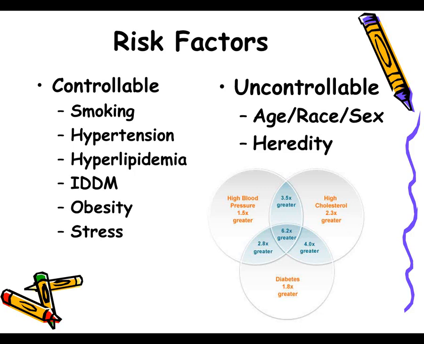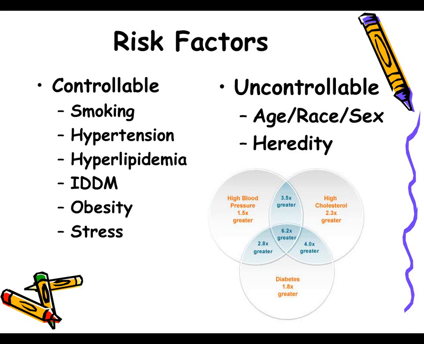And then sex has to do specifically with whether you're male or female. Right now, the number one cause of death in women is heart attacks. Heart attacks kill more women than all female cancers combined. And that might have to do with their delay in reporting symptoms.